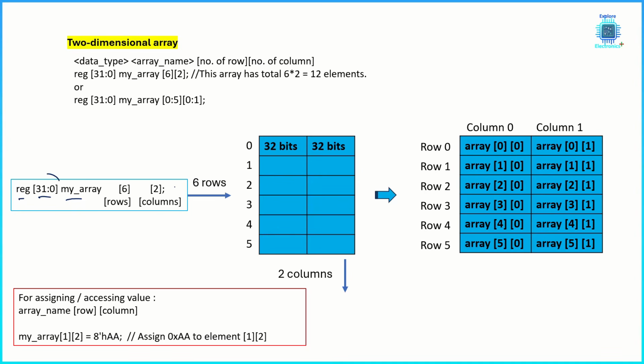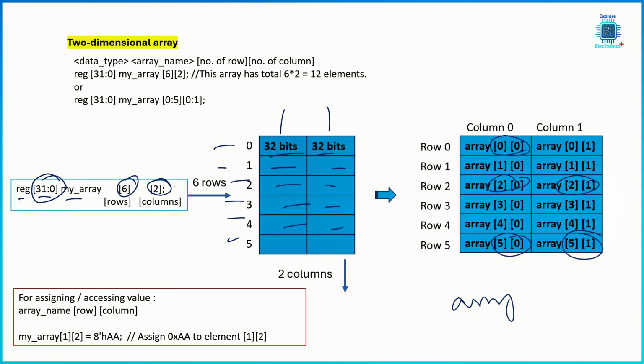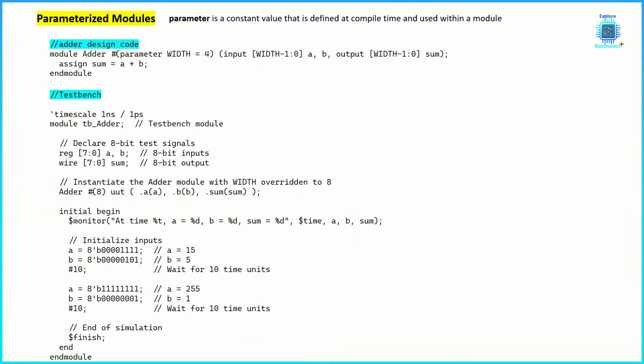If you write 31 down to 0, it gives us that each and every location can contain 32-bit values, and this 6 gives us that we will be having 6 such rows, and 2 gives us there are 2 such columns, and each and every location of the array will be represented with 0 0 is this, and 5 1 is this, 5 0 is this, 2 1, 2 0 is this. It means array of whatever the first value we write here will be representing the row, the next value we write here will be representing the column, right? That is about 2-dimensional arrays.